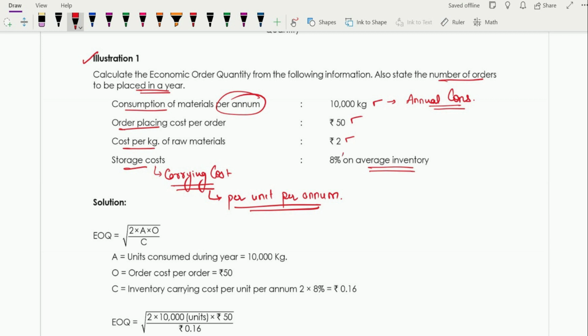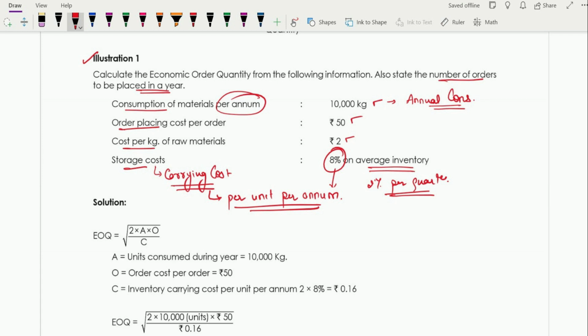Here it is given 8%. If nothing is mentioned, it is always per annum. But there is a possibility that they might give you 2% per unit per quarter. So you have to convert it into annual. That is, it should be per annum. We always write it as carrying cost per unit per annum.